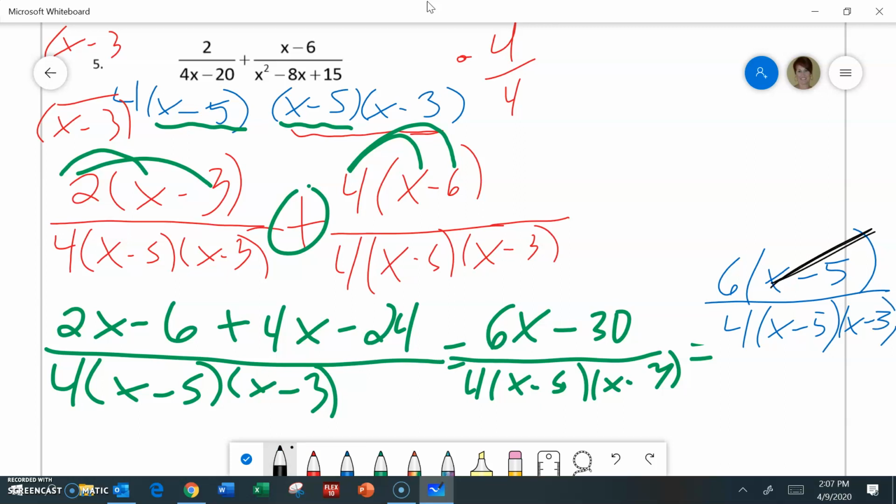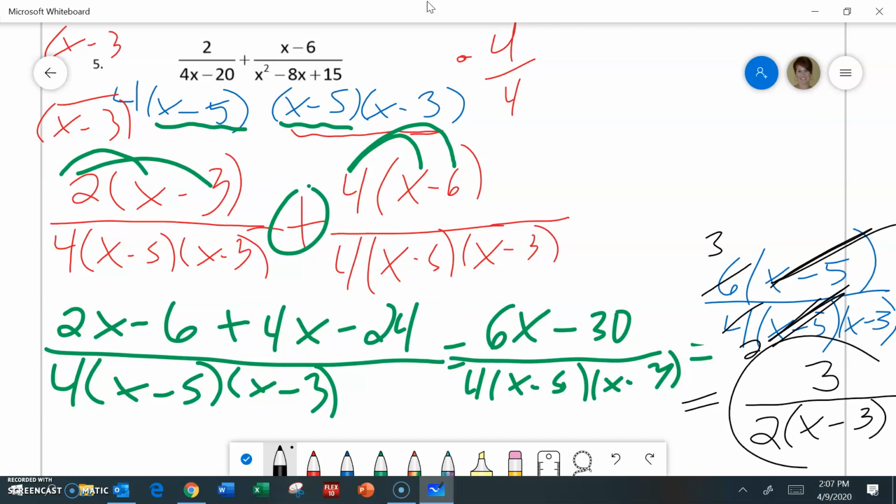Our x minus 5's cancel, and 2 will go into both 6 and 4. So 6 divided by 2 is 3, and 4 divided by 2 is 2. So our final answer would be 3 over 2 times the quantity x minus 3.